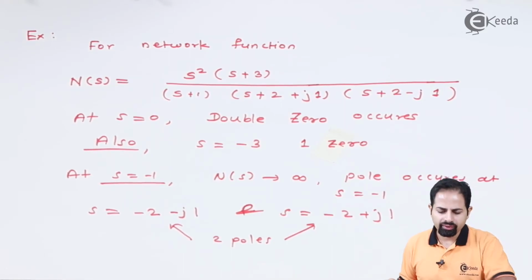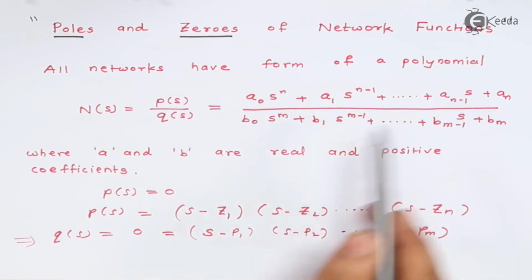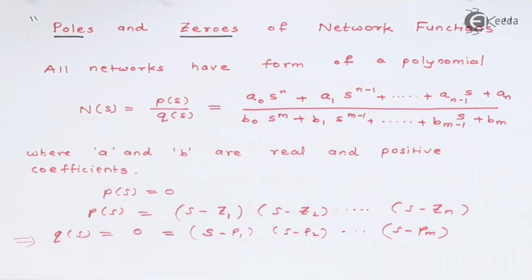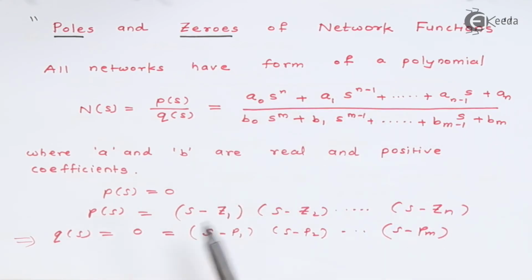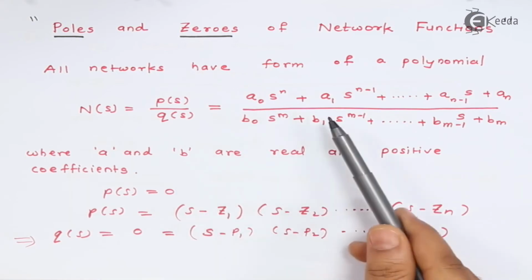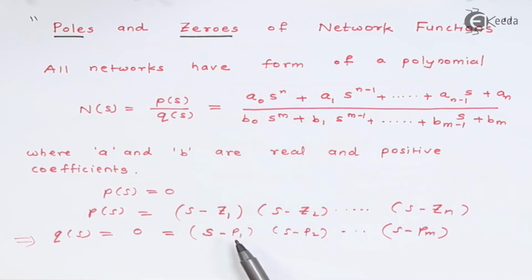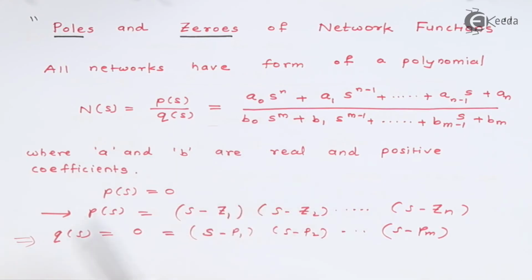Now one thing is remaining. Whenever we say that this P of s is 0, we need to take this a0 outside, and only then can we factorize it. That means I will take a0 common, I will also take b0 common, and the remaining terms I can factorize as s minus z1, z2, only if I take a0 outside, and here b0 outside.